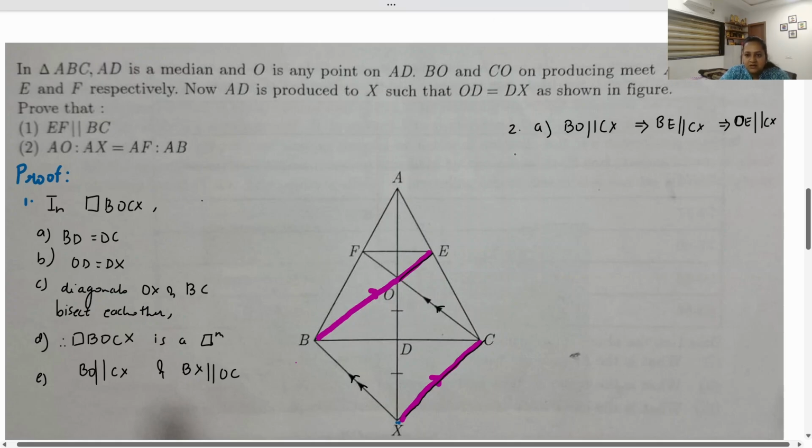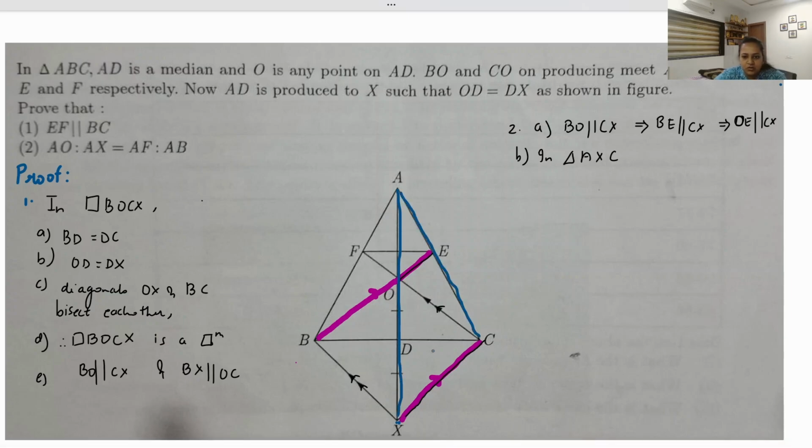And then we say in triangle AXC, what do we have? We have OE parallel to CX.